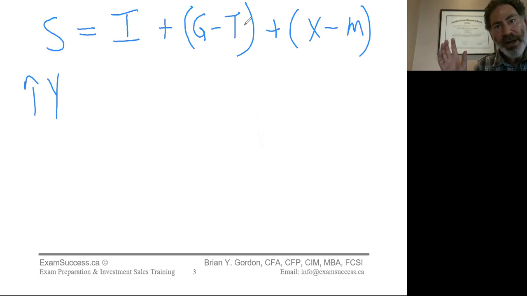If you have higher income, you have higher tax revenues. So look for these signals and connections: higher income will lead to a lower deficit.